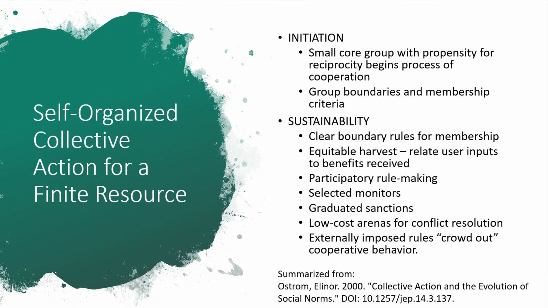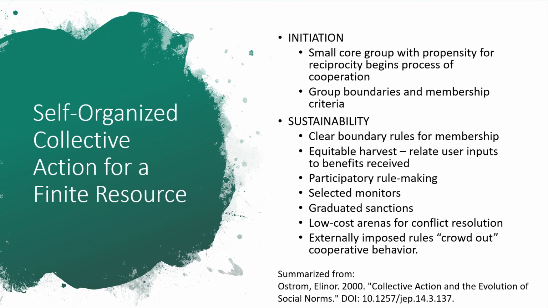Key take-home messages from a long series of public good experiments and extensive field observations of self-organizing groups are that successful self-organizing groups develop from small groups with a propensity to cooperate, who establish clear group boundaries and membership criteria.